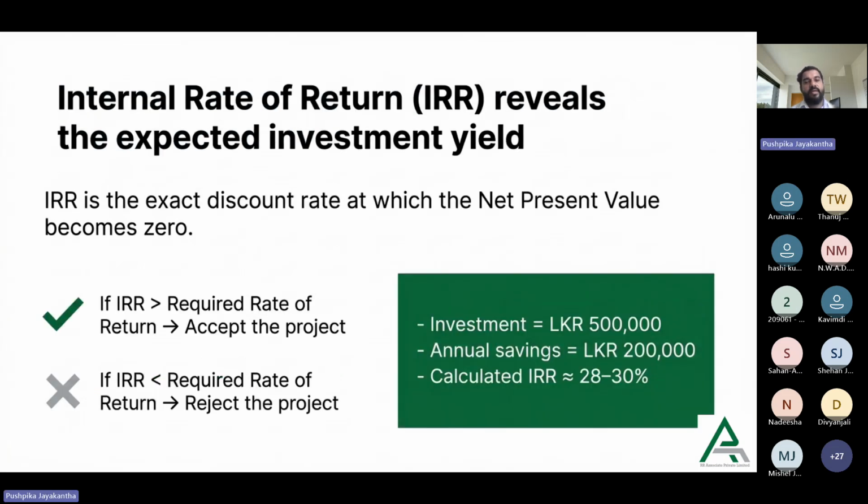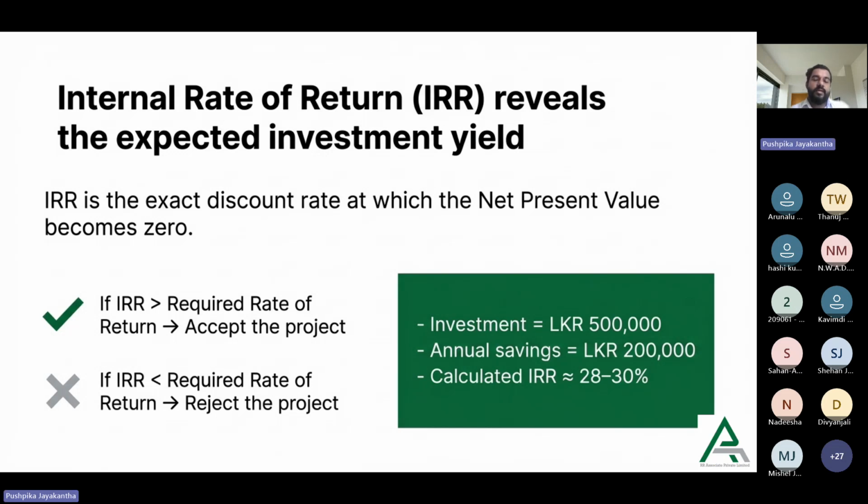Now this internal rate of return. The internal rate of return represents the profitability of an investment as a percentage. It is the discount rate at which the net present value becomes zero. So organizations often compare this internal rate of return with their minimum acceptable rate of return.